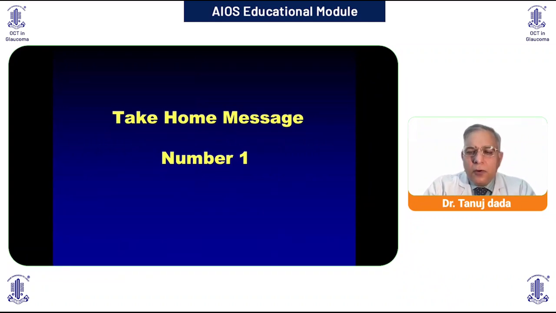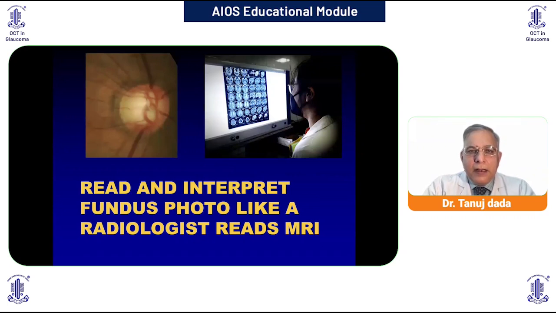So the first take-home message for the participant is that learn to take, read and interpret the fundus photograph like a radiologist reads the MRI. So whenever we go with the MRI to our colleagues in neuro-ophthalmology, they often tell us that we'll discuss it in a neuroradiology conference. So that is how you should approach a fundus photograph.